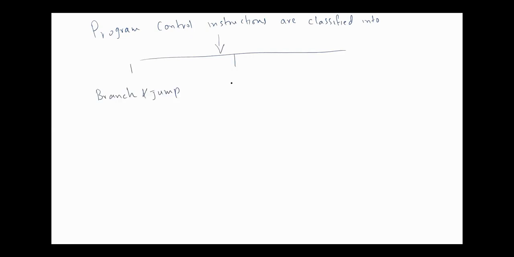Program control instructions are classified into branch and jump, subroutine instructions, and interrupt instructions. Branch and jump instructions may be conditional or unconditional.